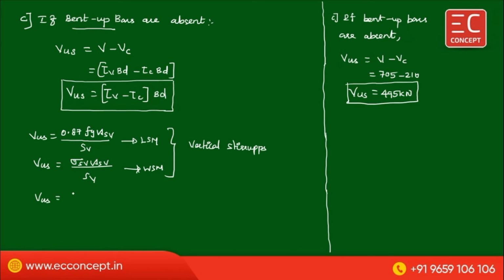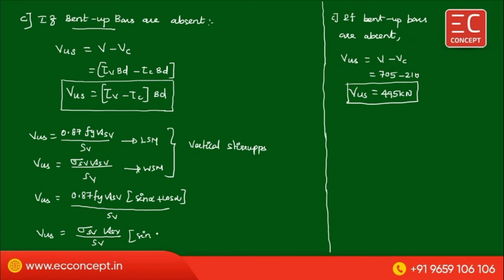Now VUS is equal to 0.87 Fy ASV into D into (sin alpha plus cos alpha) the whole divided by SB. Another one is VUS equal to sigma SB into ASB into D divided by SB into (sin alpha plus cos alpha).